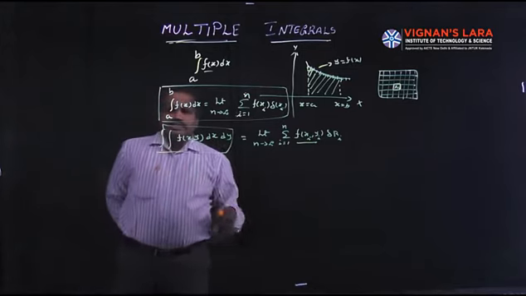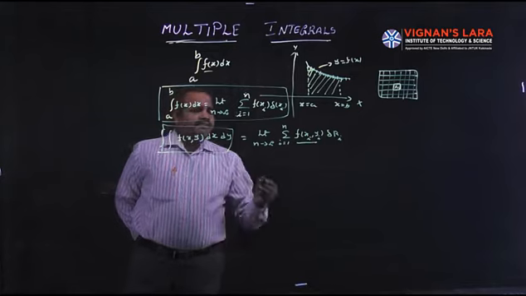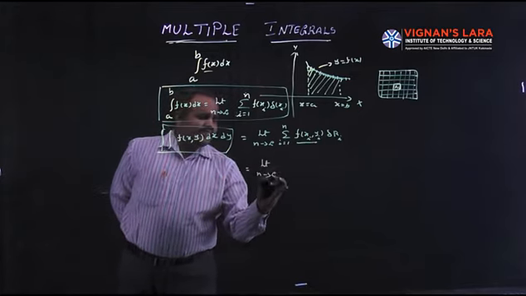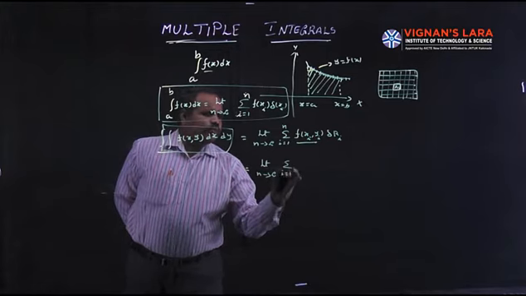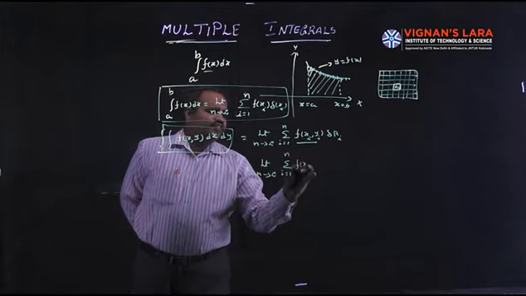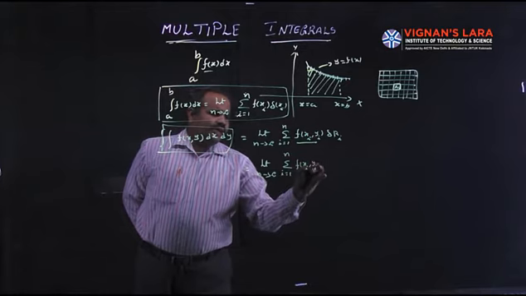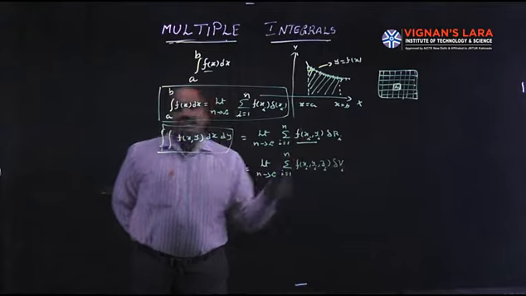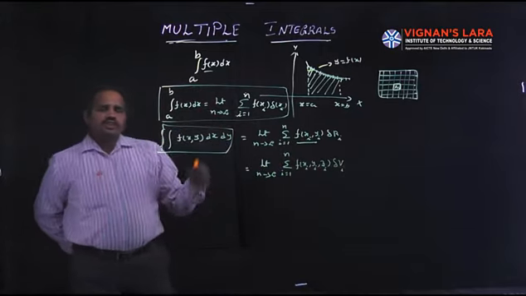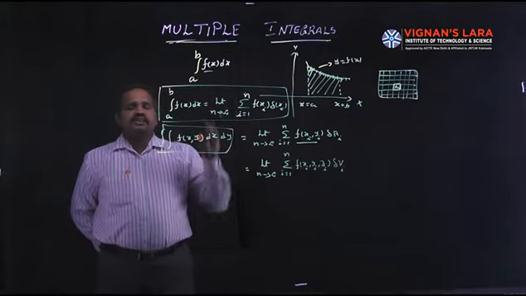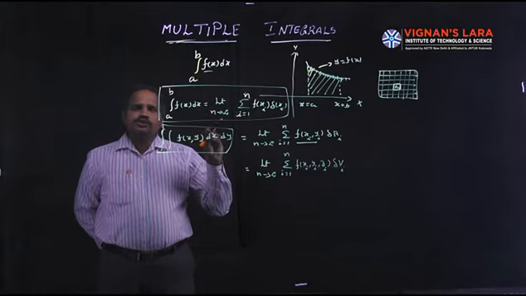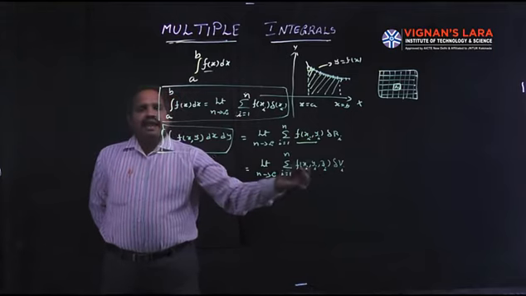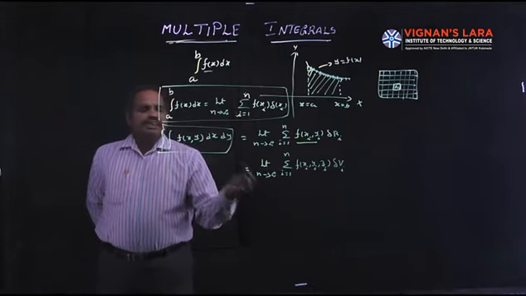This we extend to three variables: limit n tends to infinity, sigma i equal to 1 to n f of xi yi zi delta vi, where V is nothing but volume. Here also we split the total value in 3D into small volumes, add them, and apply the limit n tends to infinity.